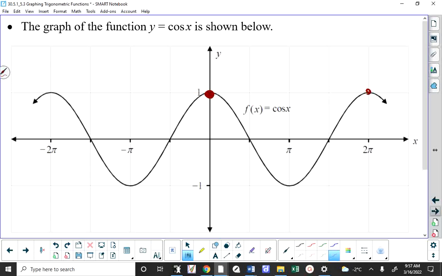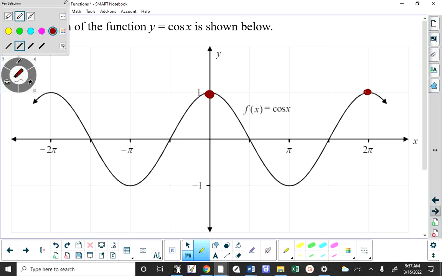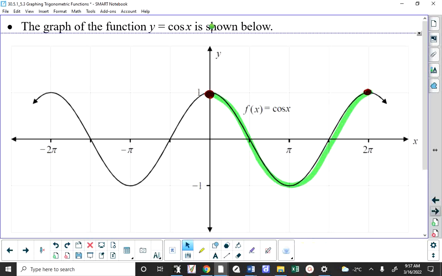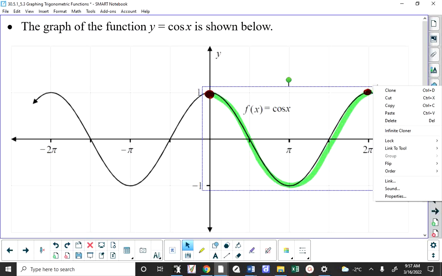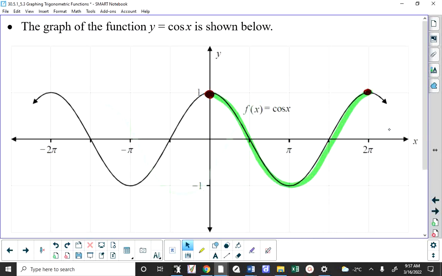It still repeats in that same distance. This is still something that demonstrates the repetitive nature of this graph. It continues to do that over and over and over again. It's just that it starts out a little bit different than sine of x.